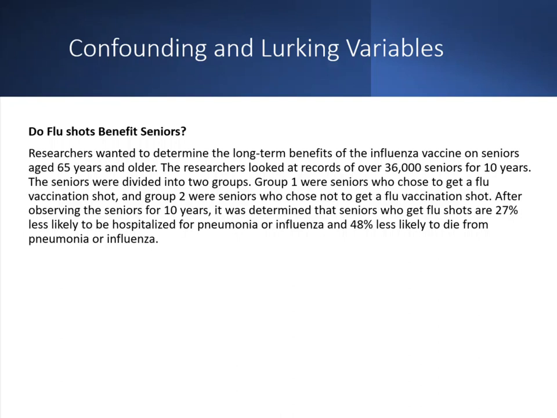So they looked at 36,000 seniors over a period of 10 years, divided them into two groups. One group of seniors received the flu shot and the other group did not. After this 10-year period, they determined that 27% of those who did get the flu shot were less likely to be hospitalized, and 48% who did get the flu shot were less likely to die from pneumonia and the flu.